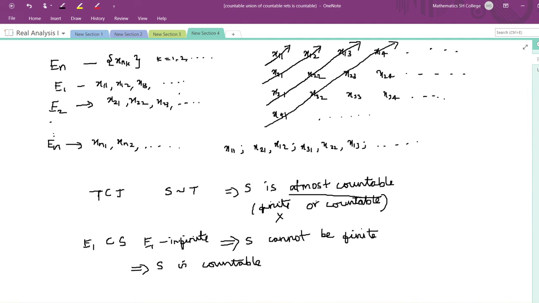So S is equivalent to a subset of J, which we denoted by T. Since S is equivalent to T, S is at most countable, because T is finite or countable. Next we showed that it is not finite, so S is countable.